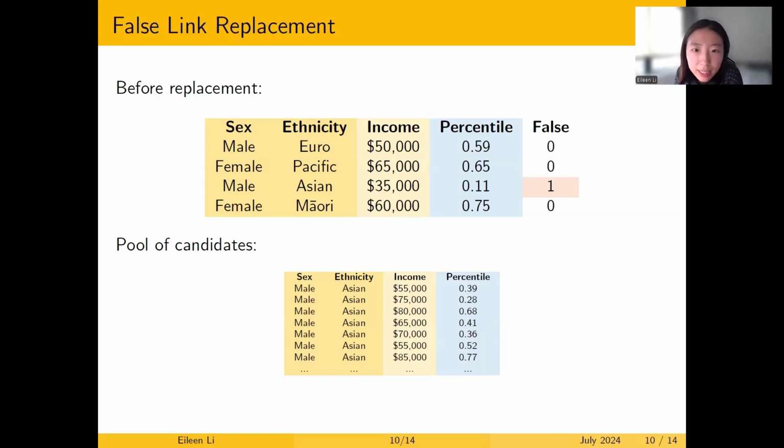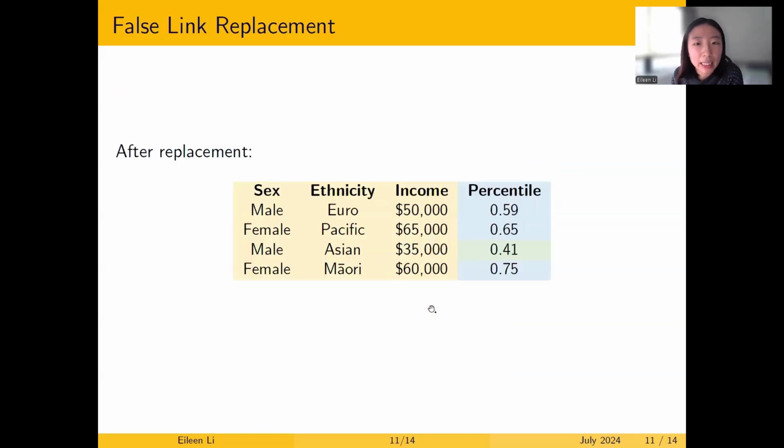In this case, the third record, this male Asian, is likely to be a false link, and this person has a percentile score of 0.11. Because this one is likely to be false, I'm going to throw away the 0.11 and replace it with, say, 0.41 from my pool of candidates, which you can see from the next slide.